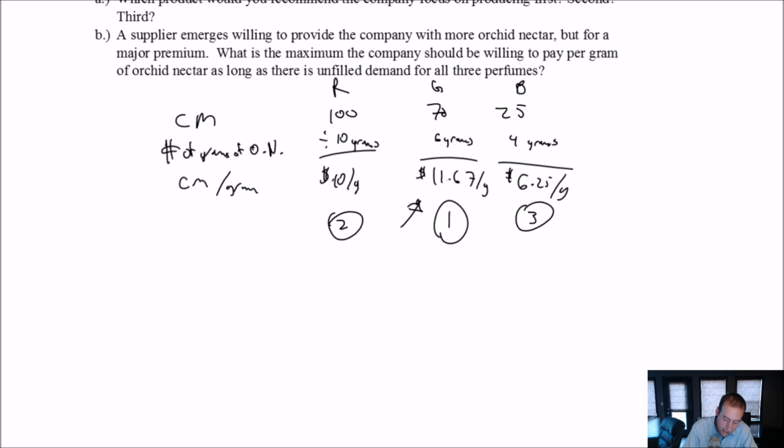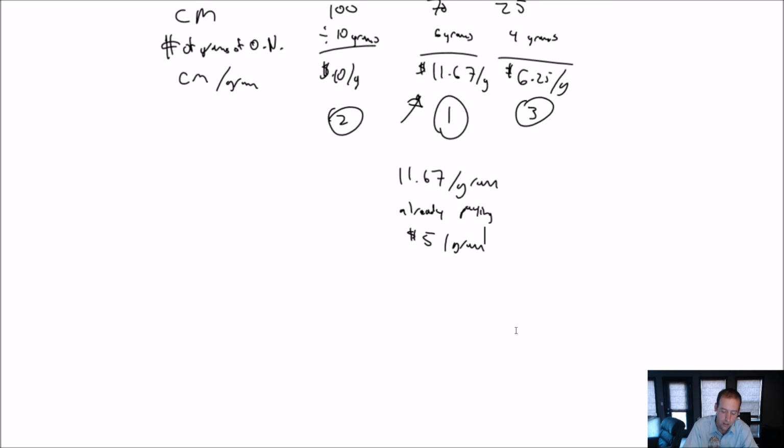Well, we're making $11.67 per gram of green, and within that, we're already paying $5 per gram. So if we take materials out of the equation, we have room. That's our profit per gram, $11.67, but in there is $5 a gram.